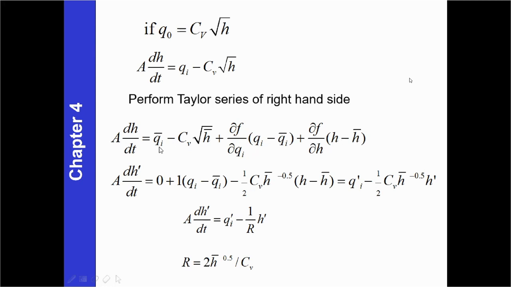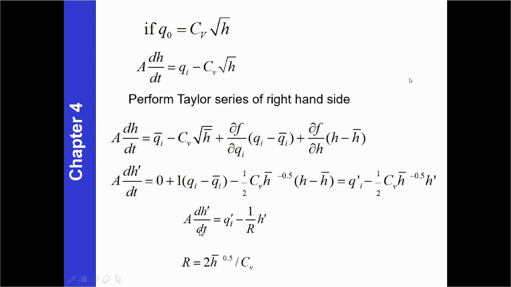So A dH dash over dt equals 0 plus 1 times Qi dash minus half CV H bar to the power of 0.5, minus 0.5 times H dash.